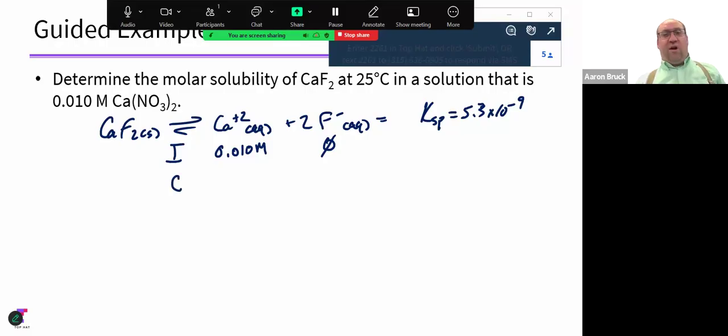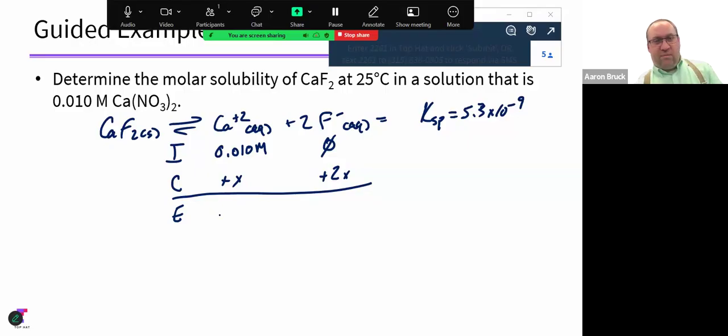And since we have no fluoride present, we know that we're still going to see the equilibrium moving toward the products. So I'm still going to gain some amount of calcium and 2 amounts of fluoride. But my equilibrium is going to look a little bit more complicated. 0.01 plus X for calcium, 2X for fluoride.